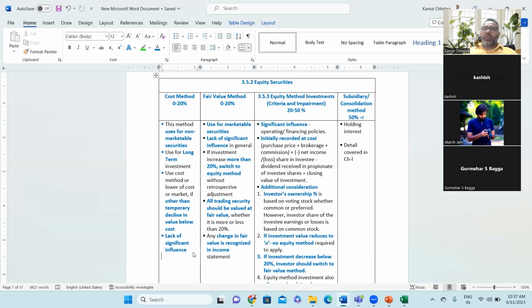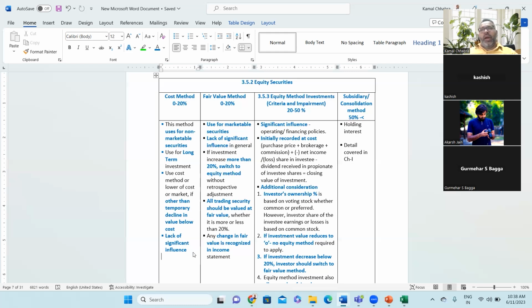Company A was holding 15% equity share on 1st January 2022 in company B, and on March 31st 2022 company A acquired an additional 10% equity share of company B. Right, in that scenario, till 31st March you would be considering either the cost method or the fair value method.